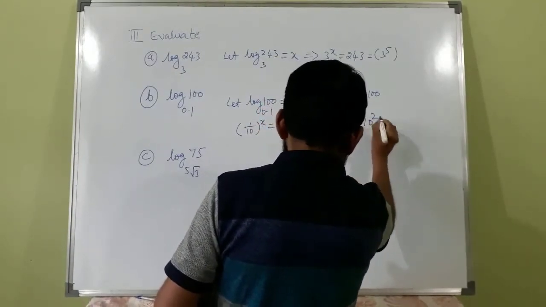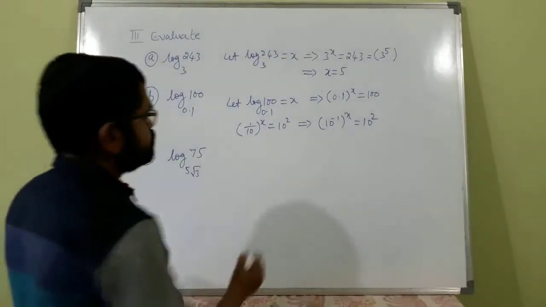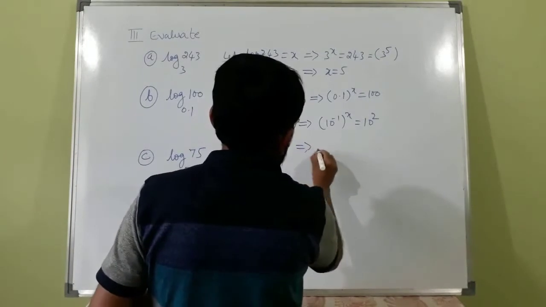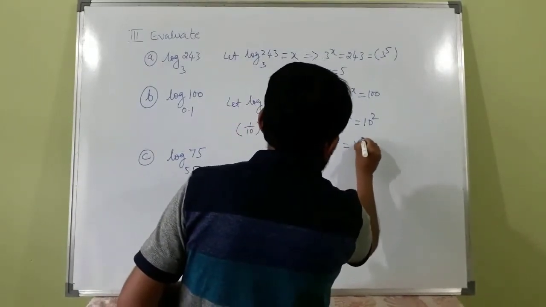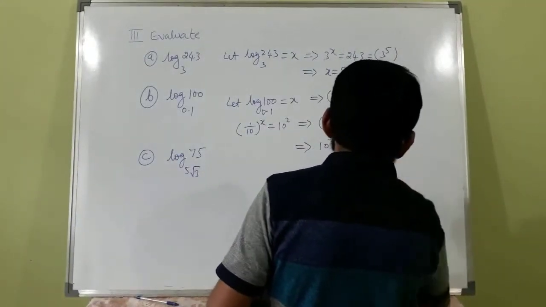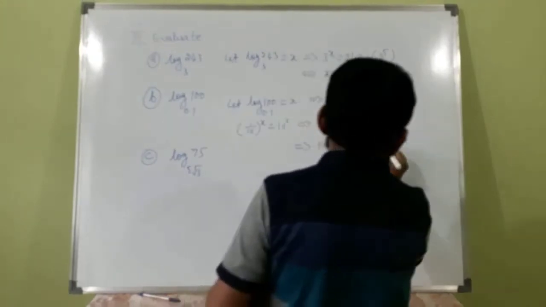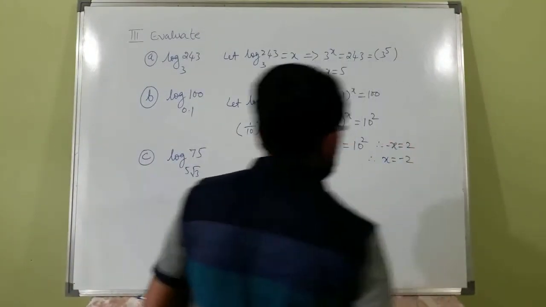So 10 to the power minus x is equal to 10 to the power 2. Therefore, minus x is equal to 2, or x is equal to minus 2.